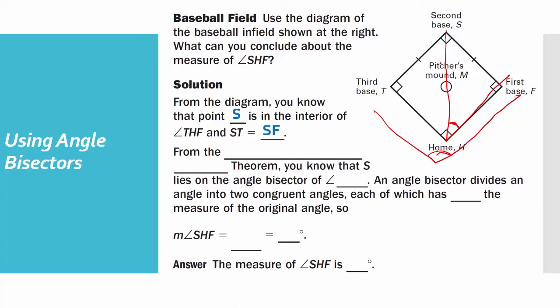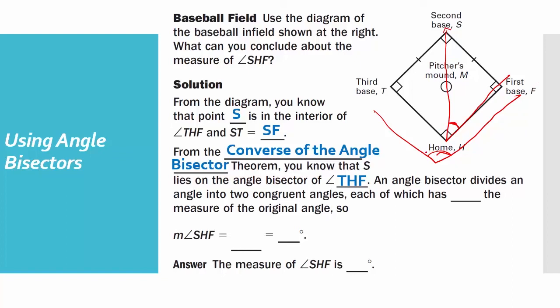So from the converse of the angle bisector theorem, which says that if these two sides are equal, then S lies on the angle bisector of angle THF. So this line over here is our angle bisector.